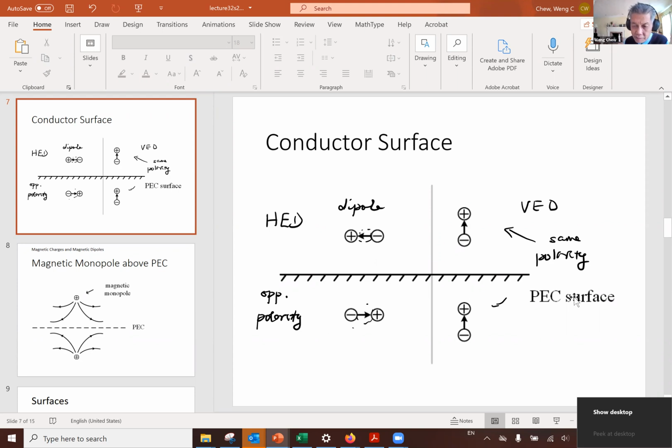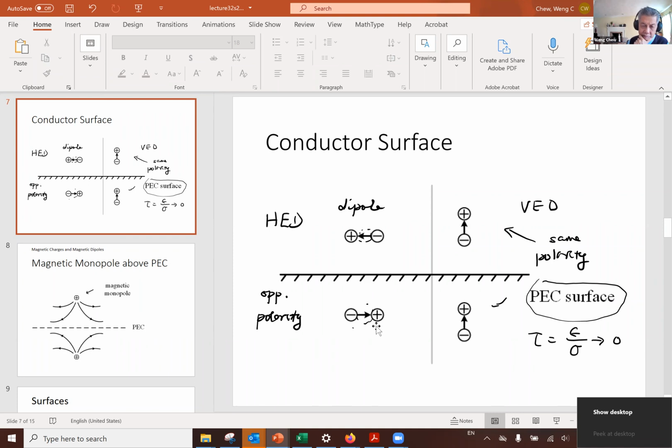What happens if you replace this half space with a perfect electric conducting surface? As we say, we have the case where the relaxation time goes to 0, which means that if you have a time-varying Hertzian dipole, for instance, up here, then the conducting surface, which is a perfect electric conductor, can respond immediately to the time-changing dipole.